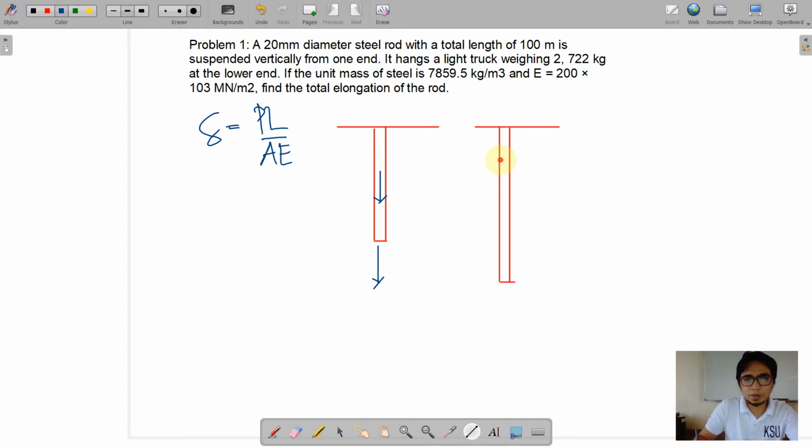So there will be a deformation due to weight, and a deformation due to the force, or the weight of the truck, on the edge.